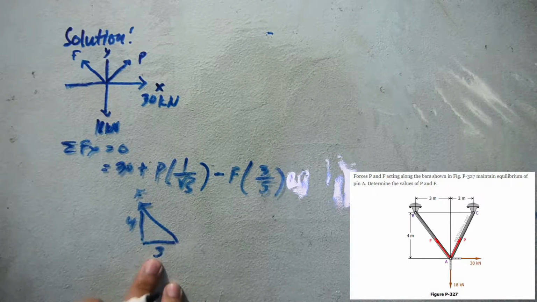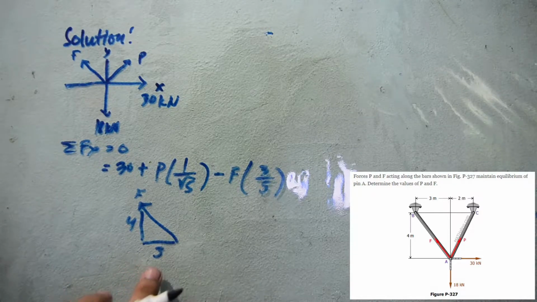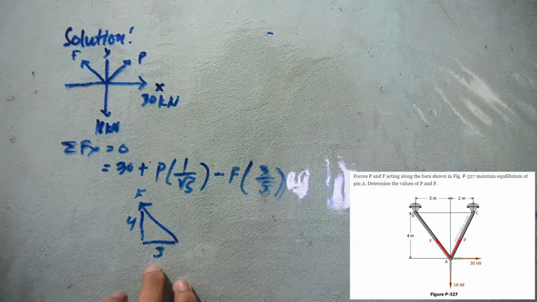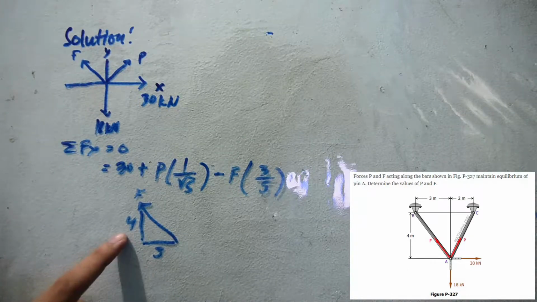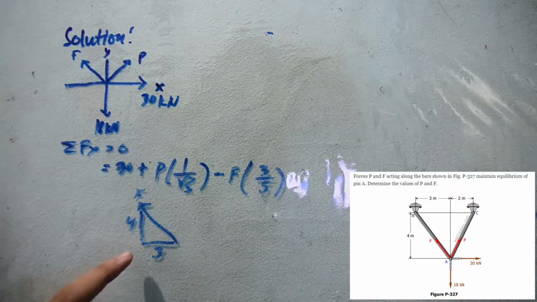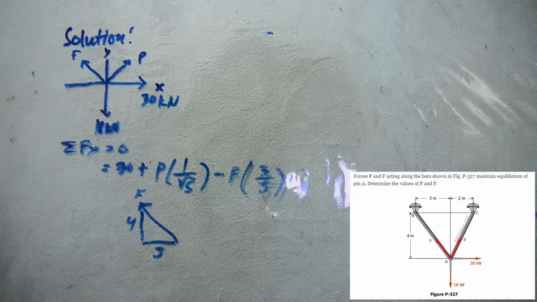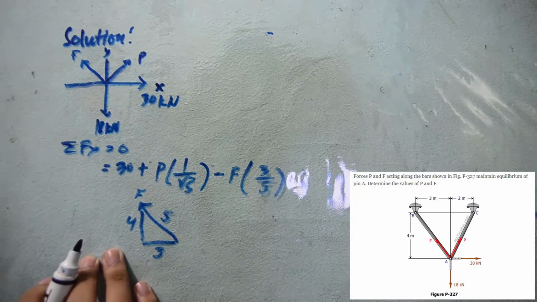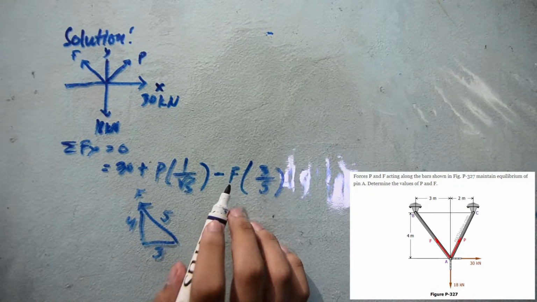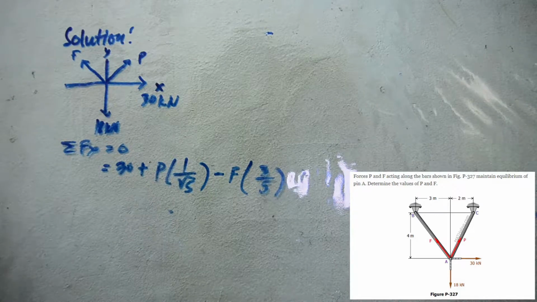If we see a right triangle with 3 and 4 values in its legs, automatically we're going to use 5 as our hypotenuse. Since we're going to use the x component of F, that's why we use 3 over 5 as its proportional value for its angle.